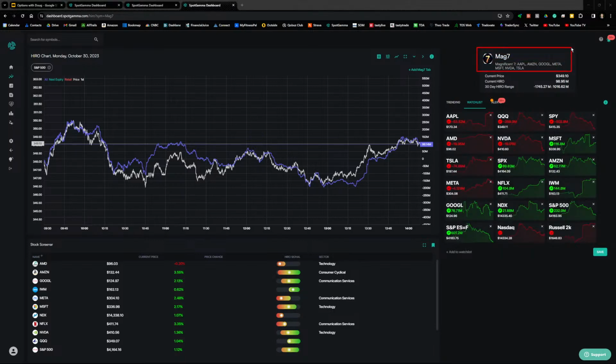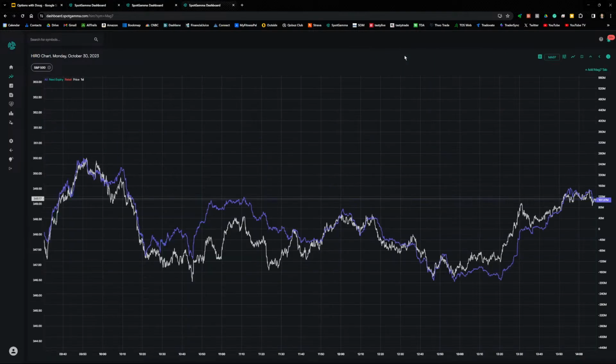It's a combined signal for Apple, Amazon, Google, Meta, Microsoft, Nvidia, and Tesla. Sometimes it acts as a leading indicator. This is fairly new, something that SpotGamma just introduced.